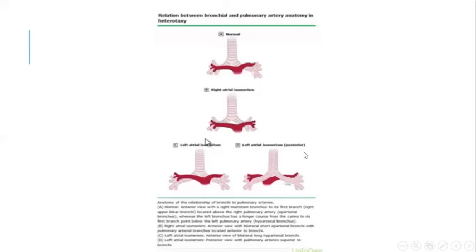In case of right isomerism, both pulmonary arteries are anterior to the right and left bronchus, with a short left main bronchus. In case of left isomerism, we have the right pulmonary artery being superior to the right bronchus.